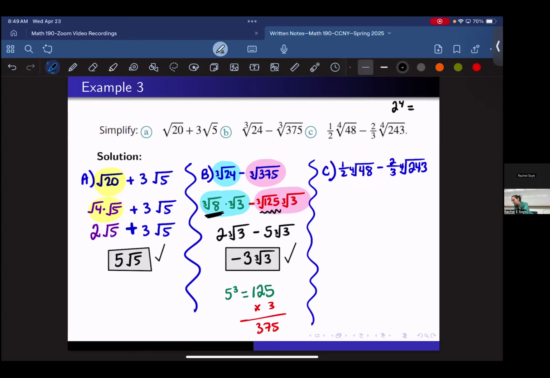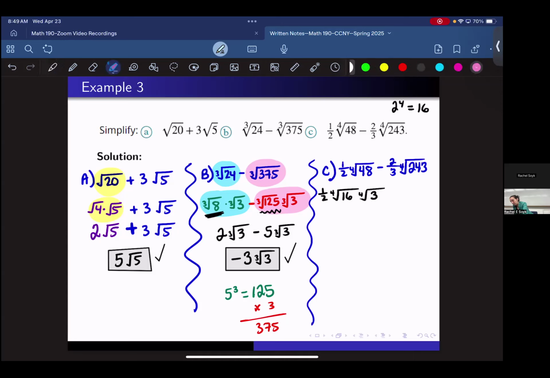What's 8 times 2? 16. Does 16 go into 48? How many times does 16 go into 48? Not twice, but 3 times. Let's keep that 1/2 in the front.